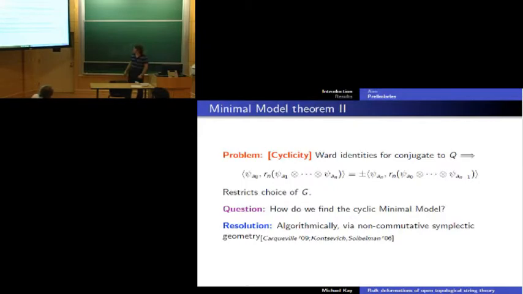And the resolution, well, so there is an algorithm developed by Carqueville, which builds on results by Kontsevich and Soibelman on non-commutative symplectic geometry. So in particular, we will see later that we will construct the off-shell, say, Kapustin-Li pairing, and this is another side result. This completes the structure of the string field theory for the affine Landau-Ginzburg theory.